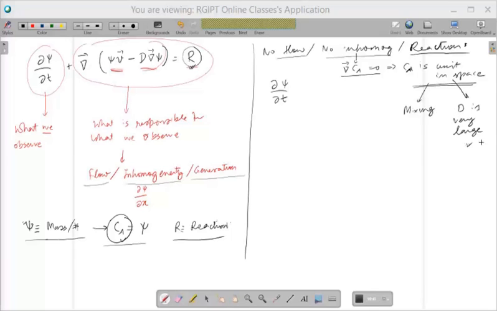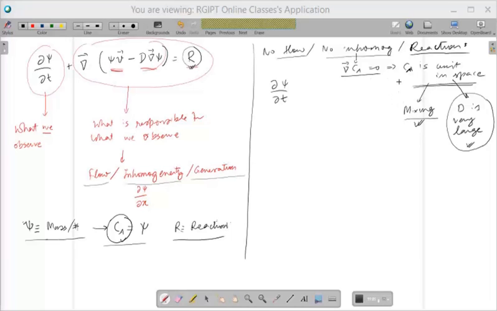Or there is vigorous mixing, so that any inhomogeneity that low diffusivity would have caused is balanced out by mixing.